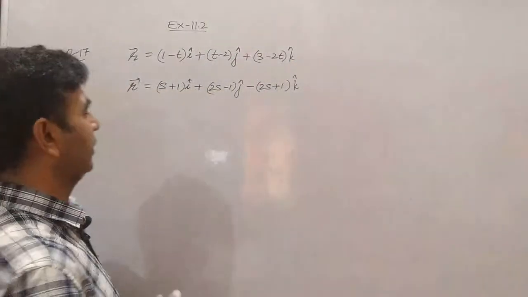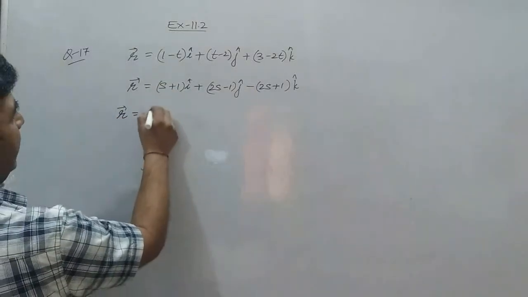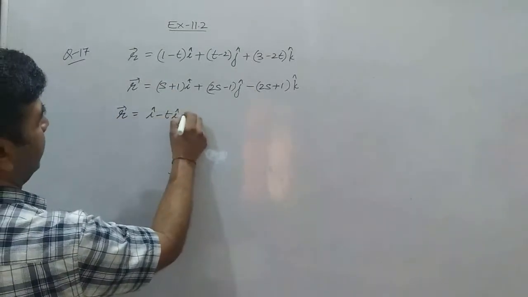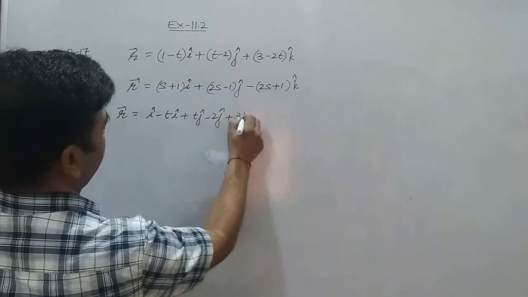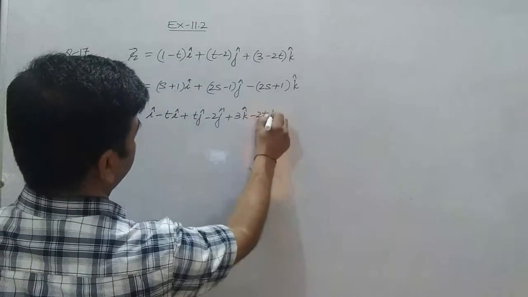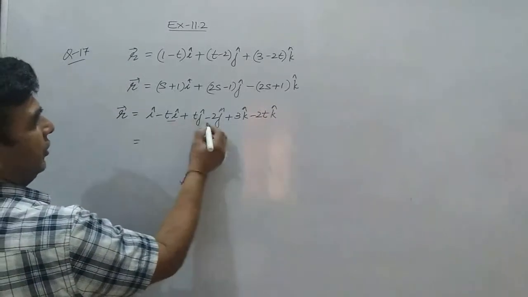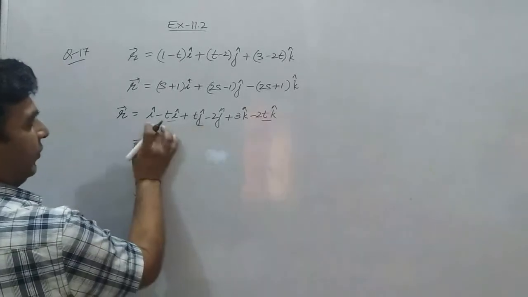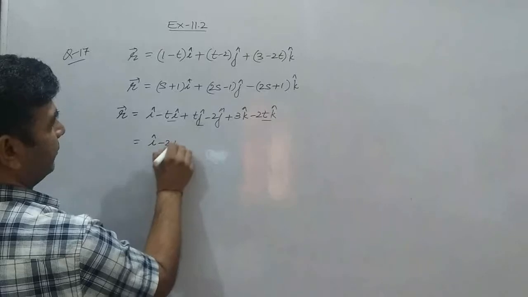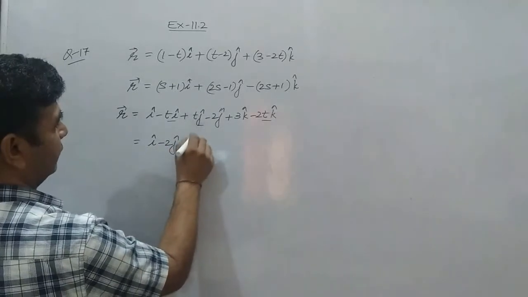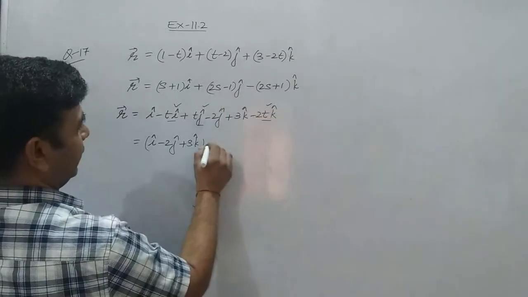So for that, what do we do? First of all, just open the braces for the first. This is i cap minus t i cap plus t j cap minus 2 j cap plus 3 k cap minus 2t k cap. Or this can be written as, take the terms without t together, like i cap minus 2j cap plus 3k cap, and from the remaining terms in which t is there, you can take t as common.